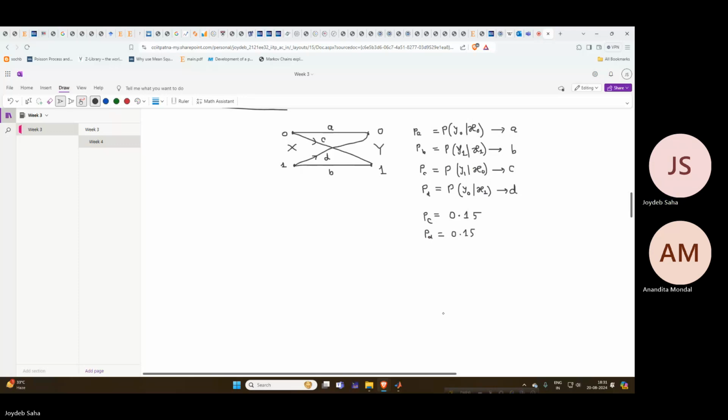Now, the first question is to find probability of y0 and probability of y1.